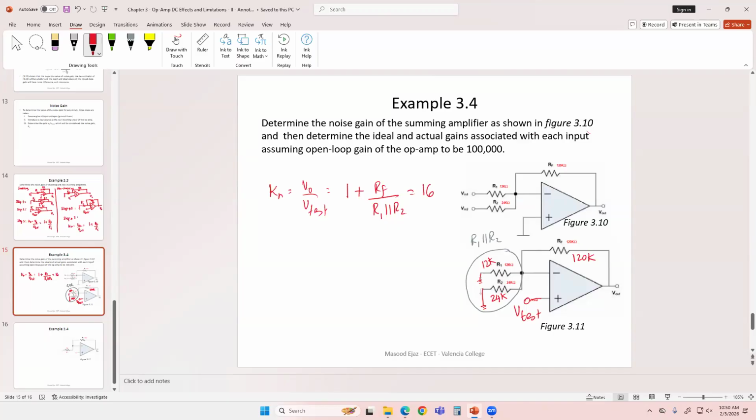Let's calculate first A1 ideal, which is equal to V out over V1. What is V out over V1 ideally? Since it's an inverting amplifier, it's negative RF over R1.